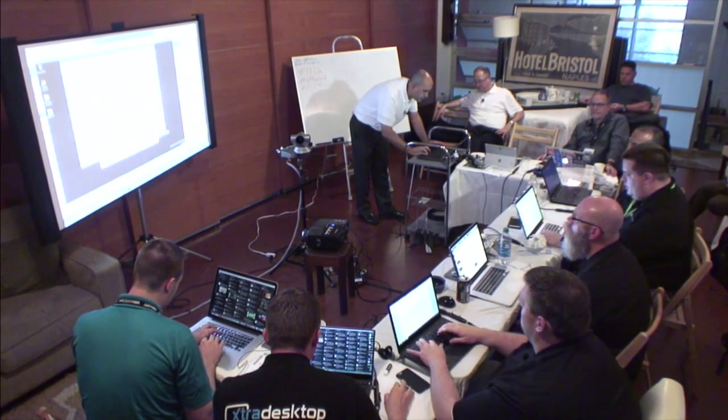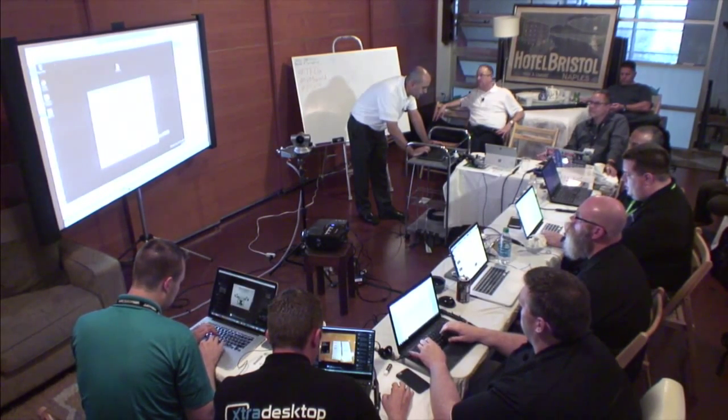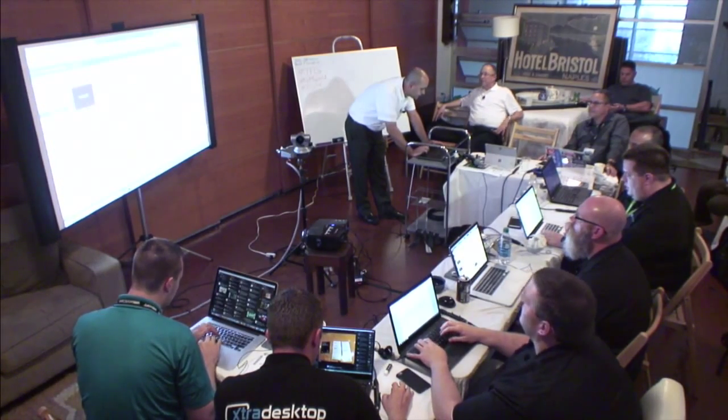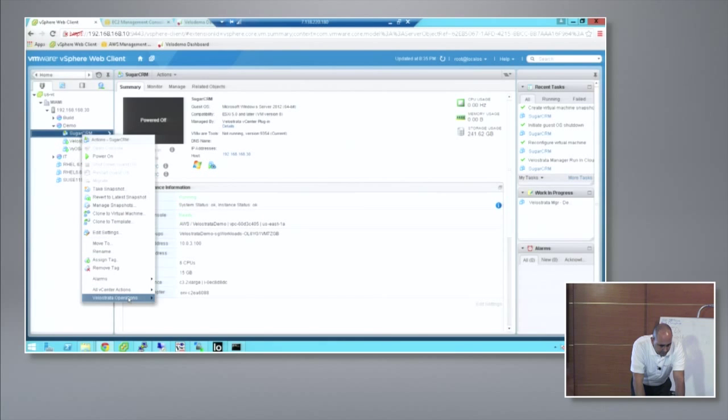Okay, and let's save it. And I don't need to shut it down myself. I can just go back to the machine in vCenter, right click on it, and now I have the option to run it back on premise.